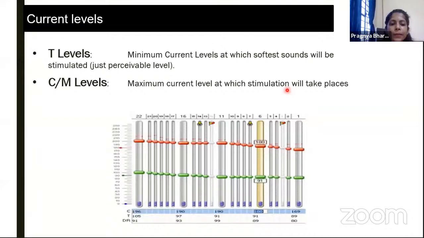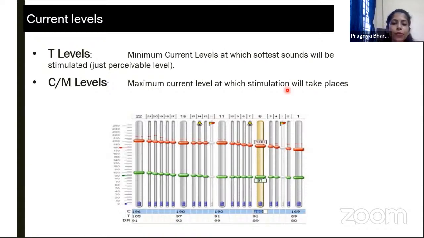Next is the current levels. Again, as we all understand, current levels determine how much current we are delivering at each of the electrodes at a particular instant of time. During our mapping, we generally set the minimum current level that is required for a particular individual to get a perception of audible sound.